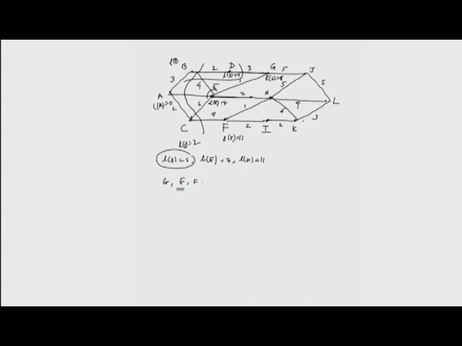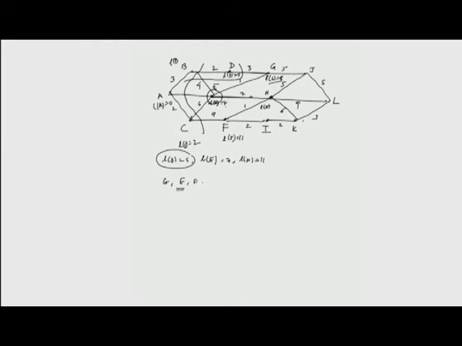So, I have to cut out E and then consider the vertices which are adjacent to E. The vertices adjacent to E are H and G. In case of H, E is 7, so 7 plus 2 is 9.